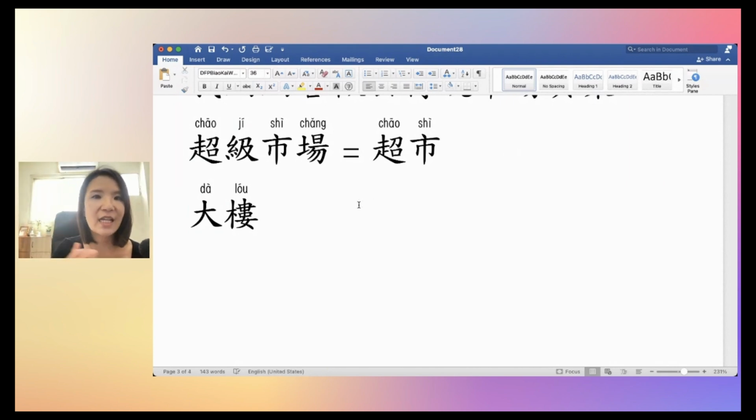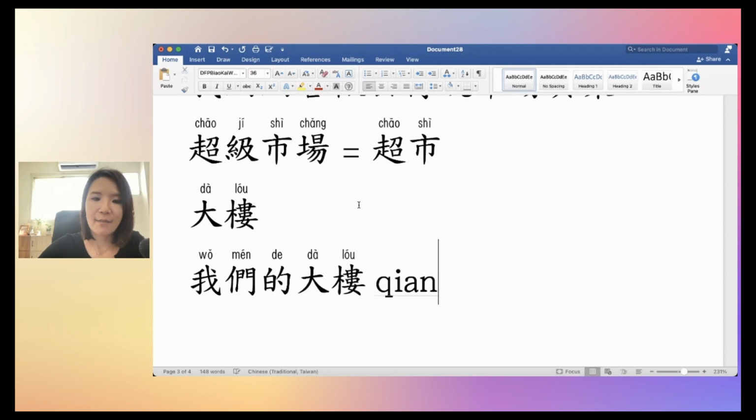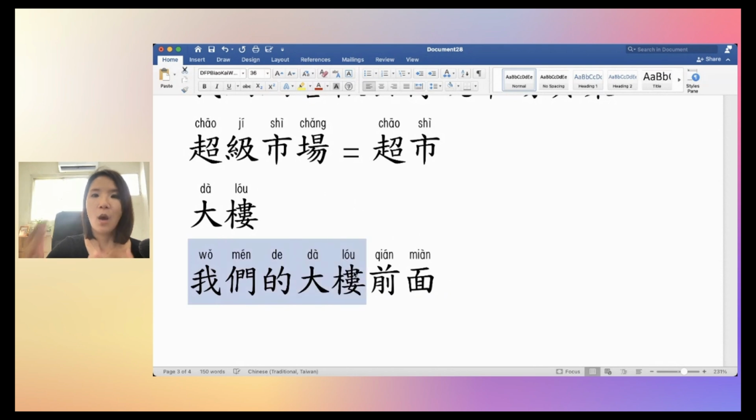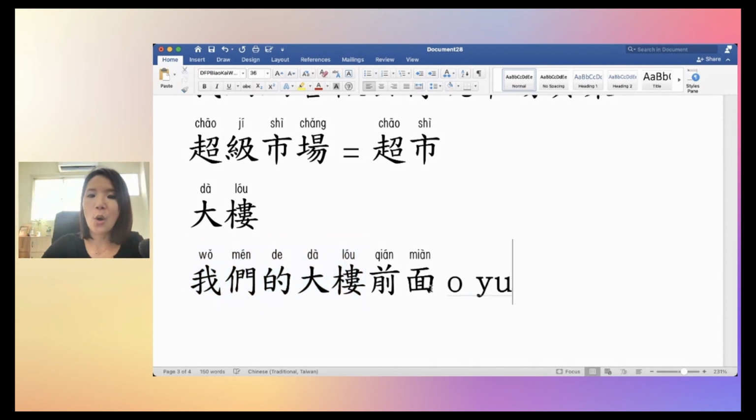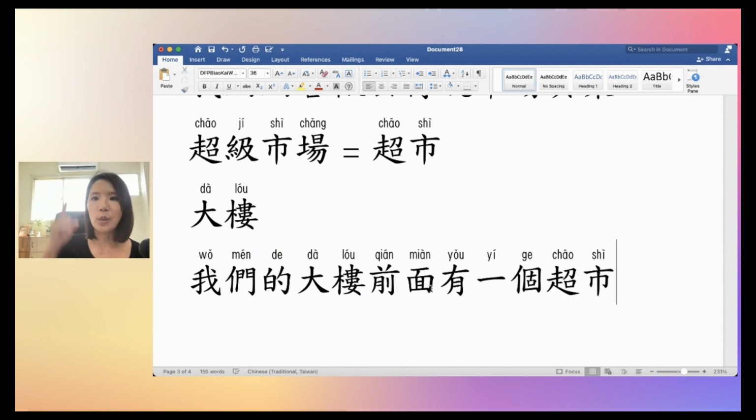How do you say that in Mandarin Chinese? 我们的大楼前面，我们的大楼, our building, 我们的大楼前面有一个超市。So 超市, supermarket.